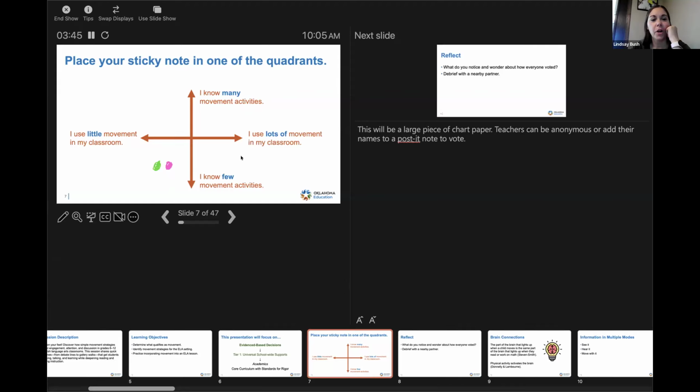I would just say I don't know a lot of movements that could be used in the classroom, so just lack of knowledge. But yeah, you get them out of their seat and then you've got to keep them focused. So I guess movements that allow the students to stay focused. Sure, absolutely.